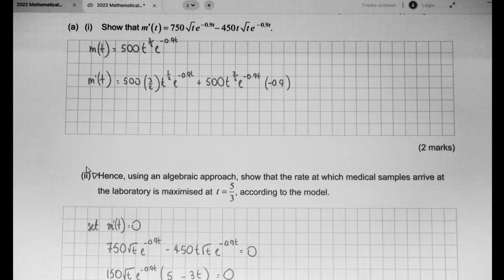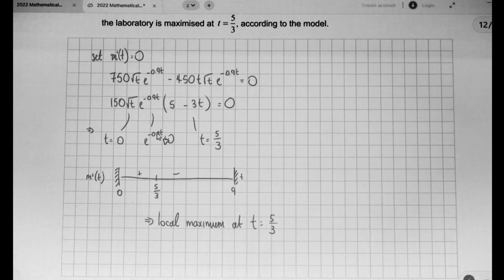If they divided through by t root t, whatever, they actually lost one of the solutions. t equals 0 is one of the solutions. So encourage them not to do division when they're doing these problems, but to use factorisation and the null factor law, so they don't lose any possibilities. They had to come up with 2 solutions. Ideally, they'd say that the e to the bit couldn't be one of the solutions, but I think if they came up with the 0 and the 5/3, that's good. They'd already been given the 5/3, so that was not worth a mark.